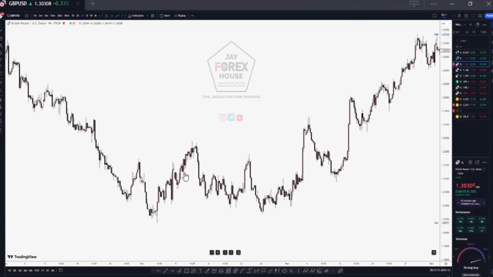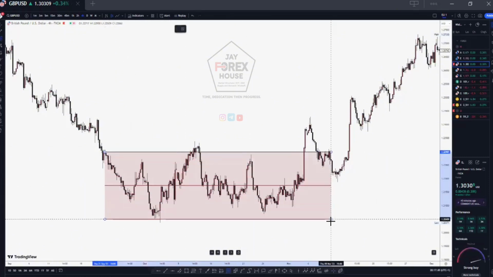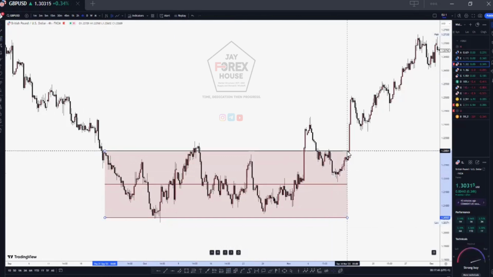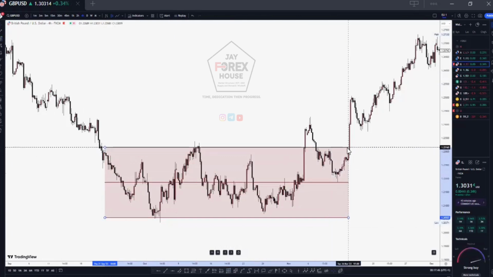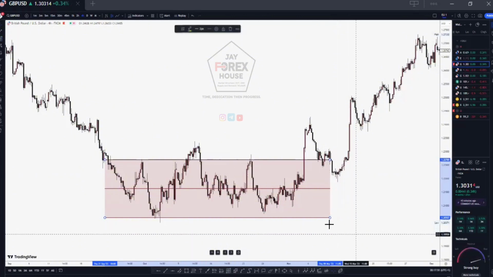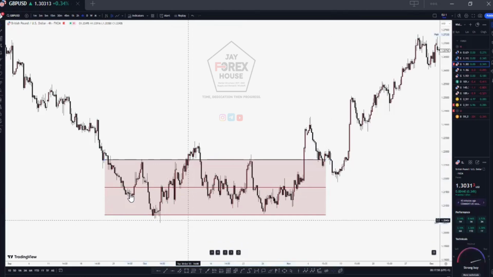All right, so this is GBP USD, and we have a clean price action which we could use for our case study. Using this, you can clearly see, you can draw from here or you can draw from here. All I'm doing is trying to identify the support and resistance level of which the consolidation was being done.